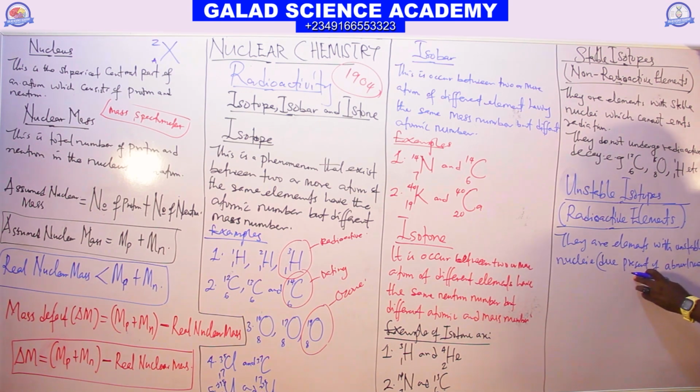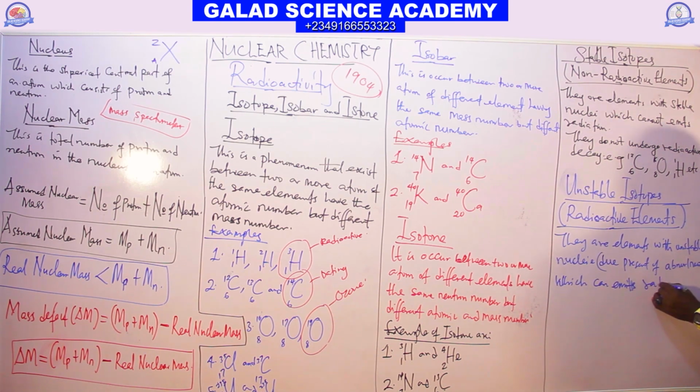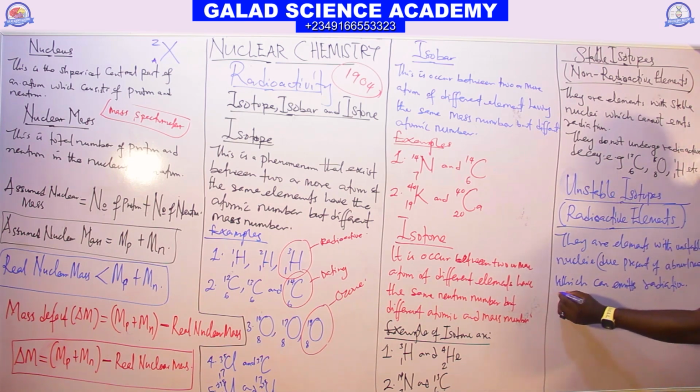Due to the presence of a large number of neutrons, because of abnormal neutrons, which can emit radiation, and the element can undergo radioactive decay.